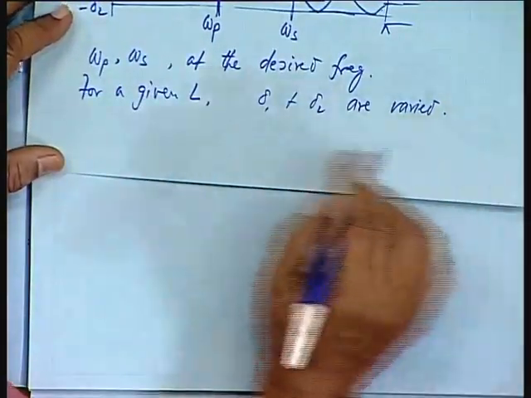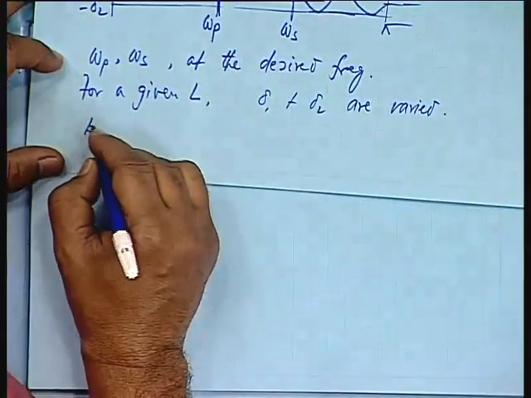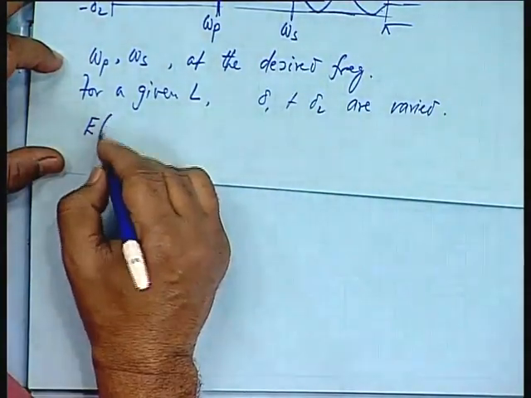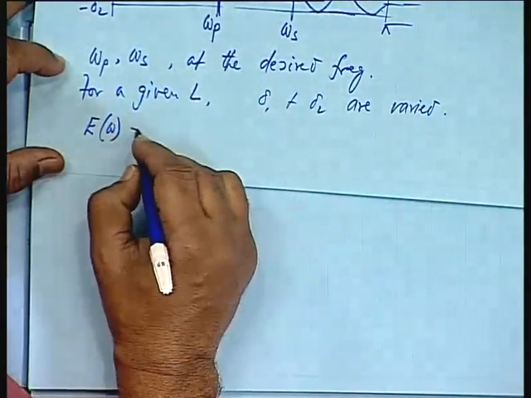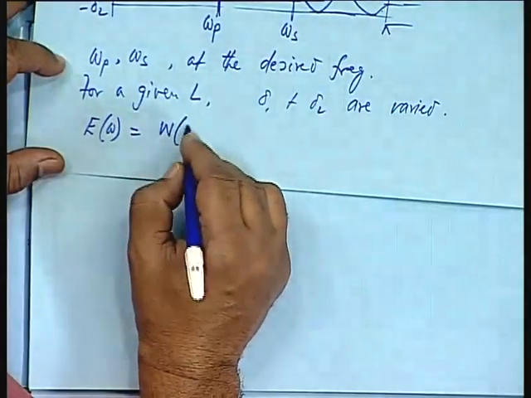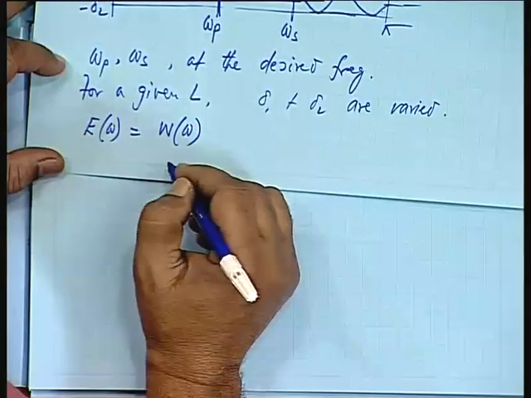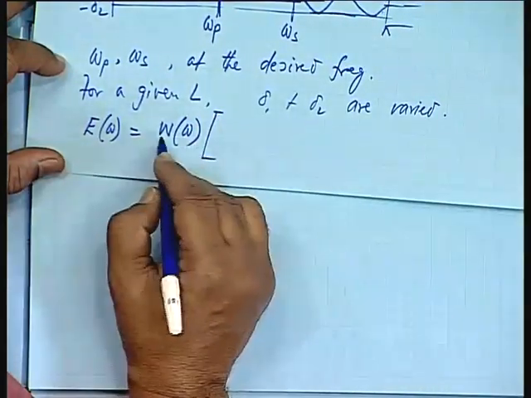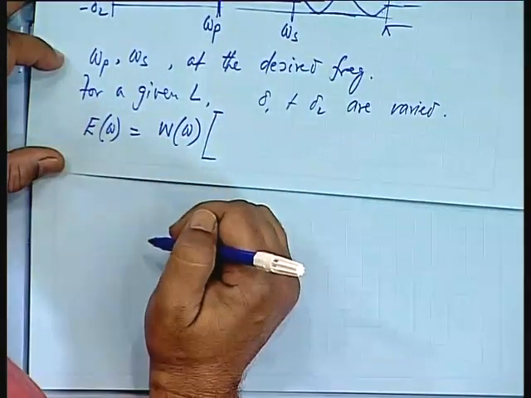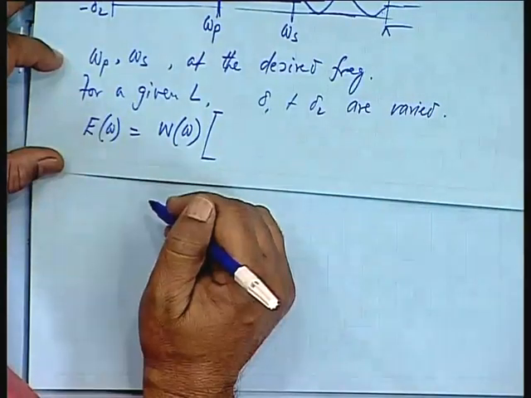Now, let us define an error function as, now comes a weighting factor which is frequency dependent. So, we give different weightage to the deviation at different frequencies, it is not uniform.